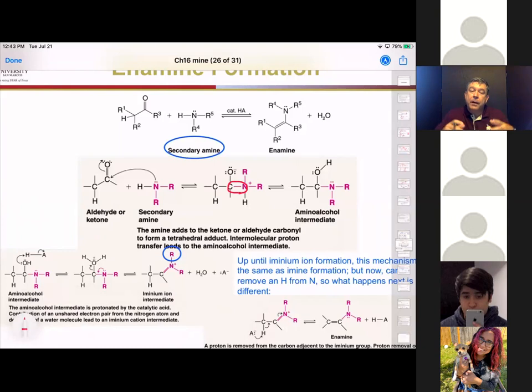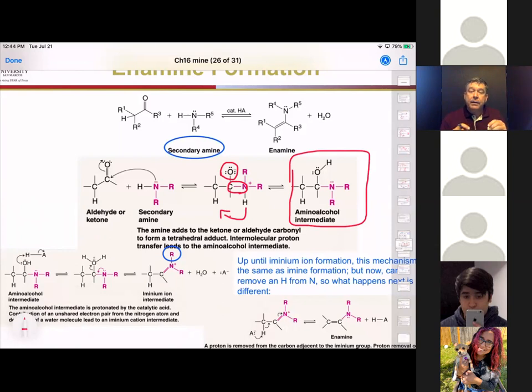Of course, we want to protonate that charged oxygen. So we're going to transfer the hydrogen from the nitrogen over to that oxygen, giving us our amine version of the hemiacetal.